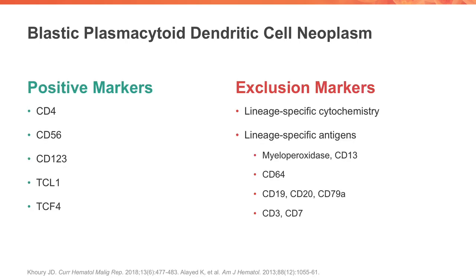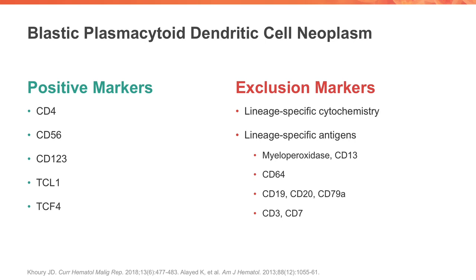This slide summarizes again the positive markers which are required for the diagnosis of BPDCN and the exclusion markers. Amongst positive markers, you can again appreciate CD4, CD56, and additional CD123, TCL1, and TCF4. The exclusion markers have to be negative for any lineage-specific cytochemistry or flow cytometry.